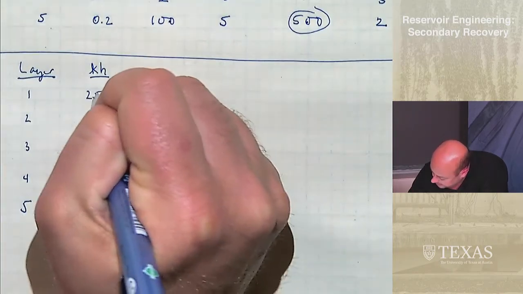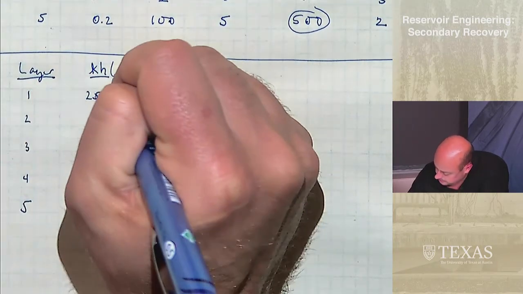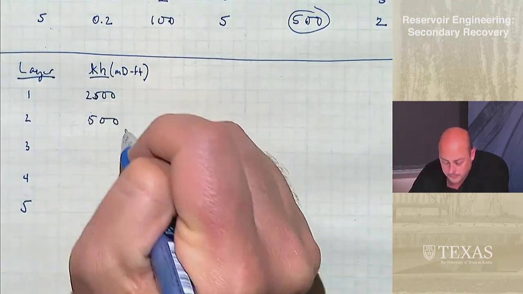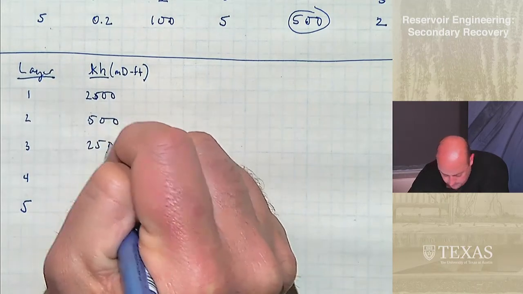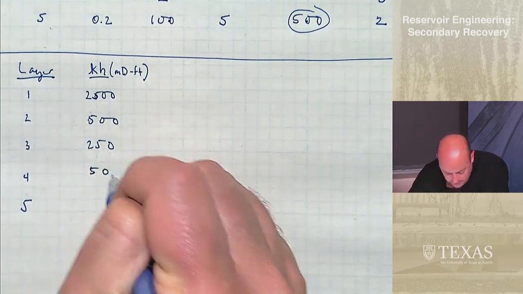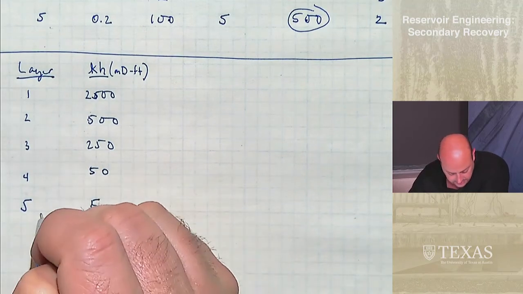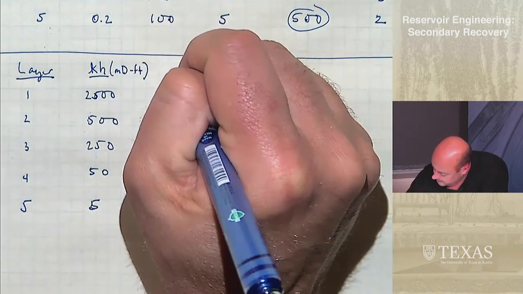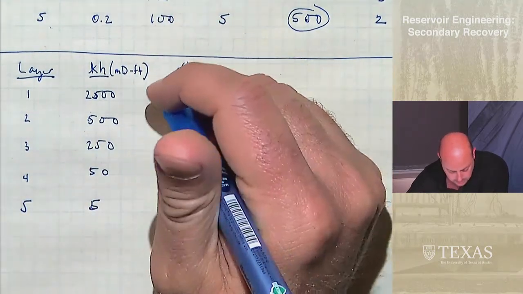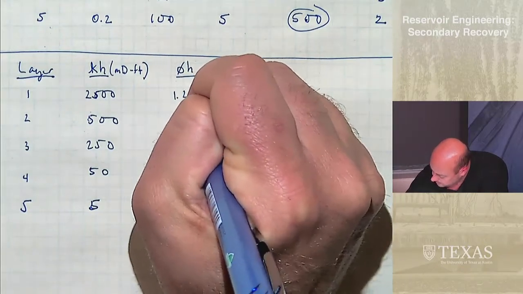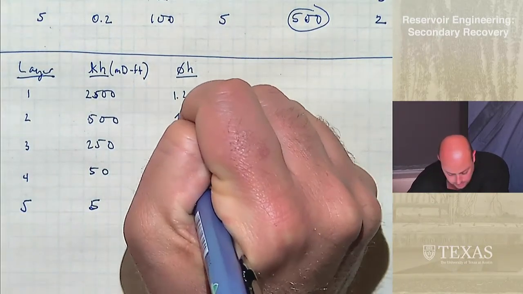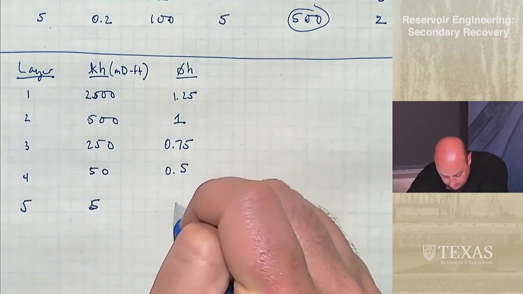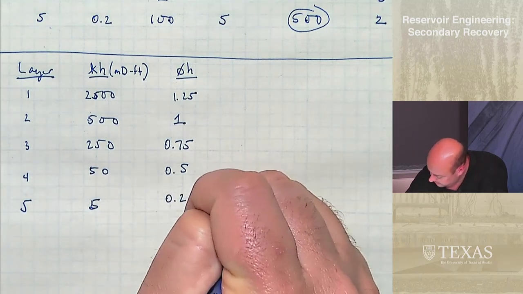That is 2,500. This is millidarcies feet is the units. 500, 250, 50, and 5. So 5. Porosity times thickness is 1.25, 1, 0.75, 0.5, and 0.25.